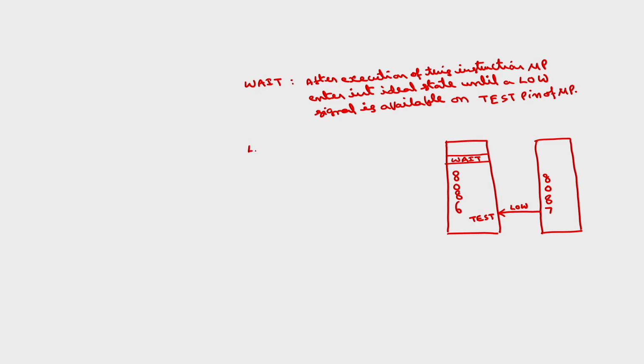Then we have the lock prefix. This is not an instruction, but it is a prefix. Whenever a lock prefix is used, for example, if I write lock move string byte, some instruction, and add this lock prefix, then the microprocessor 8086 can be shared by different users, because the 8086 in maximum mode operation can be operated in multiprocessor configuration.